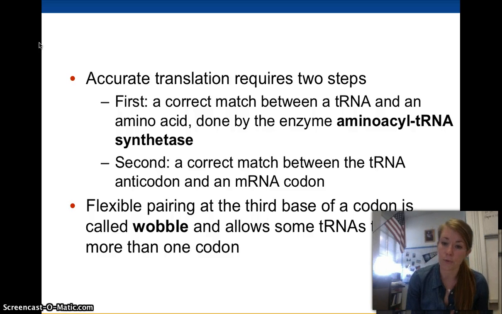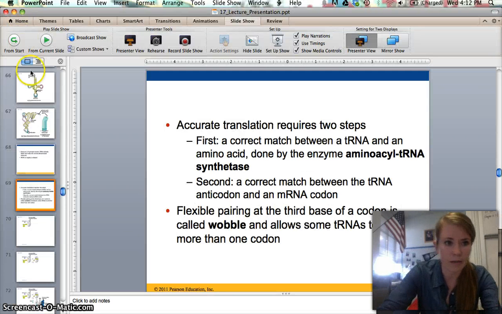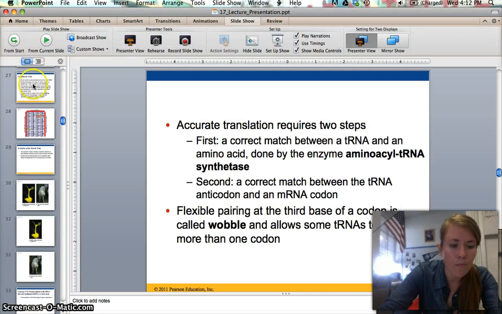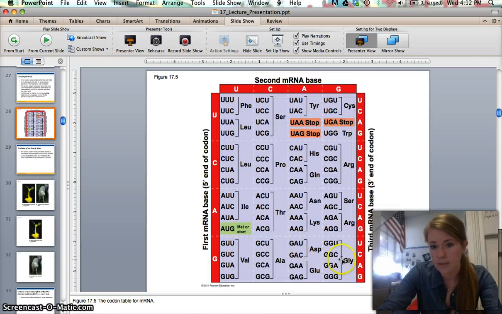And it's also why, if you look at that table, and you can see that, for example, all of these code for glycine, and that's because their first 2 are the same. Whereas over here, like GGA codes for glycine, GAA codes for glutamic acid. So it's okay if the third base pair is a little bit different, and that's why when we have multiple codons that code for the same amino acid, they're usually only different in the third base pair.